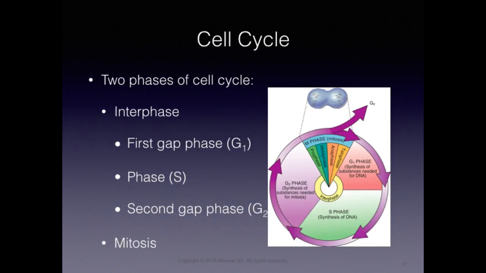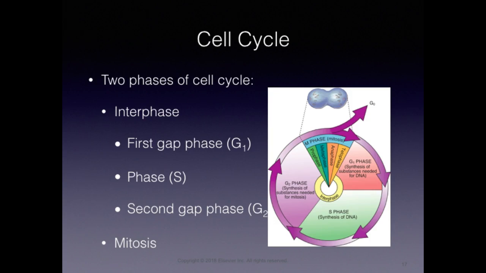There are two phases of a cell cycle. In the first gap phase, the cell carries on basically normal function and begins to make substances inside that get the cell ready for cell division. It will duplicate its chromosomes and synthesize enzymes and other proteins that are needed.